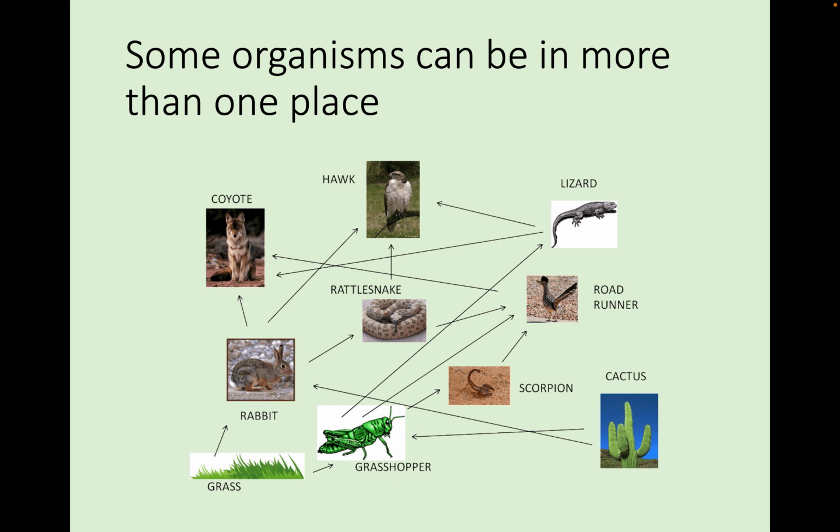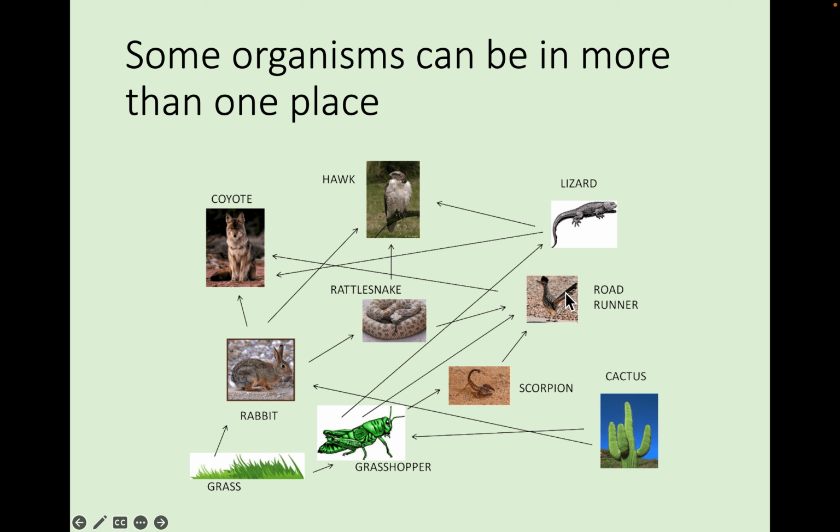But if we follow this through, if this rabbit is one, the coyote would be a second consumer if we went this way. But what if we went this way? Then it would be first, second, third, fourth consumer is the coyote. So the coyote fits in a bunch of different levels. It just kind of depends on which food chain you follow.